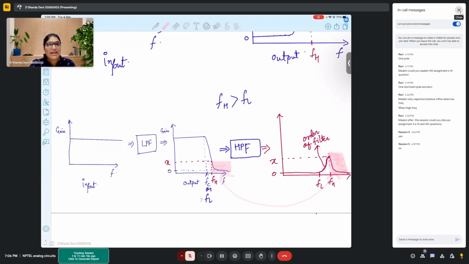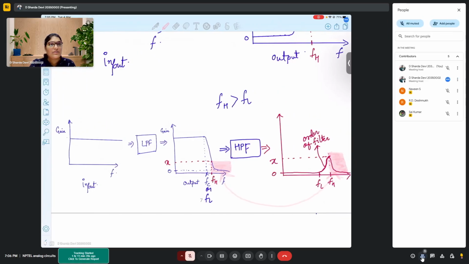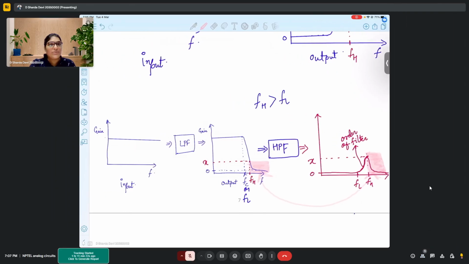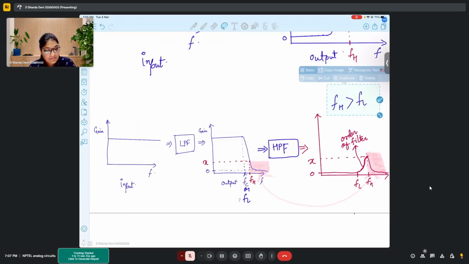Yes, who raised their hands? I guess it was Sai Kumar. What was the doubt? So did you people understand this?